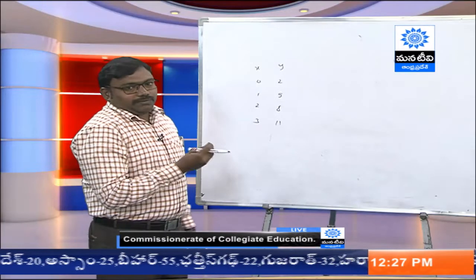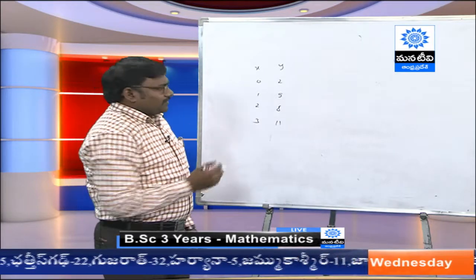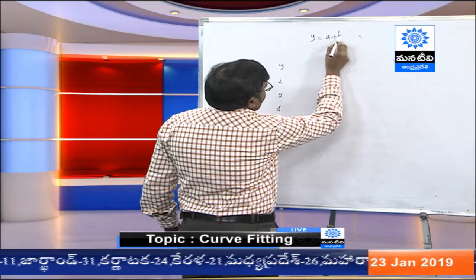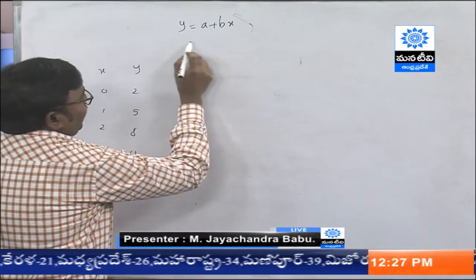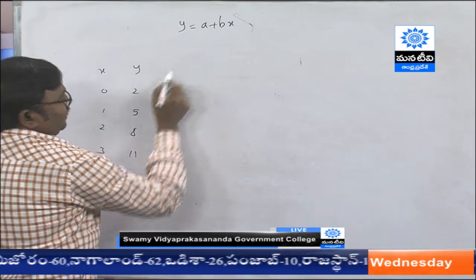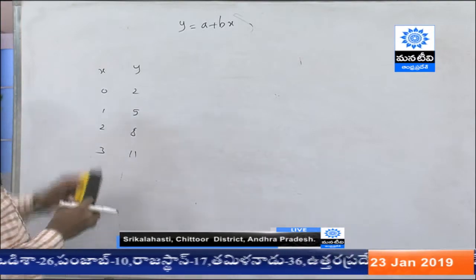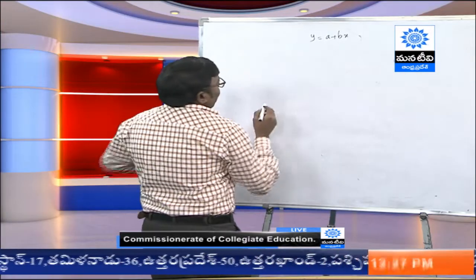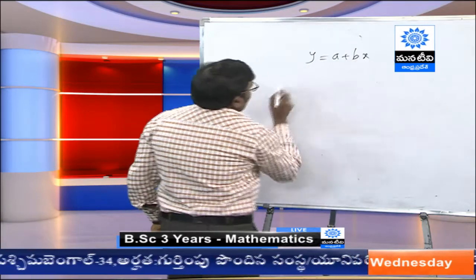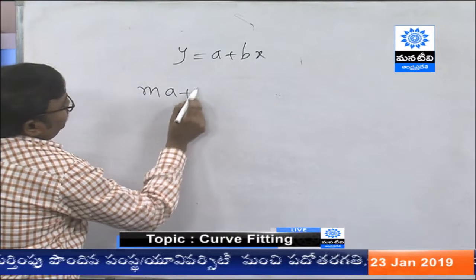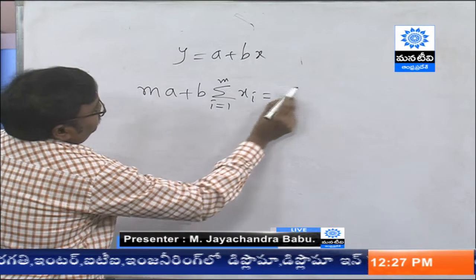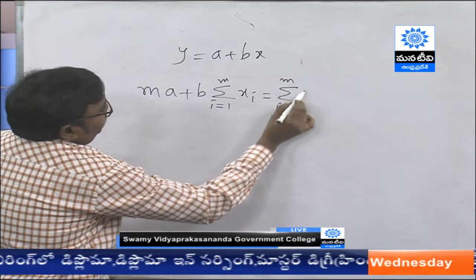So, we need to remember how the normal equations are. The general form of straight line is a plus bx and the normal equations related to straight line are m into a plus b times summation i equal to 1 to m xi equal to summation i equal to 1 to m yi.